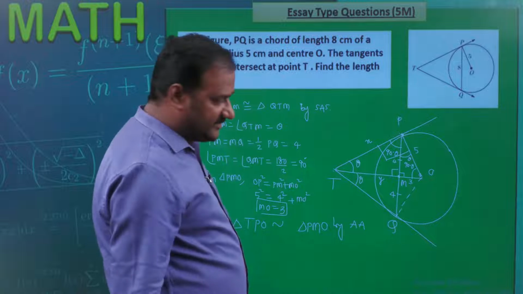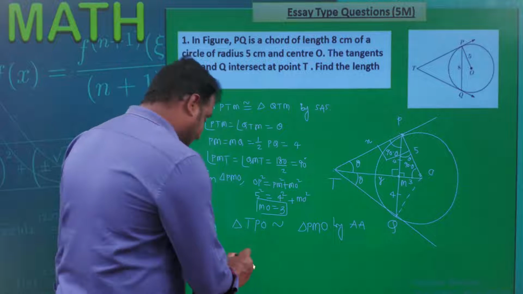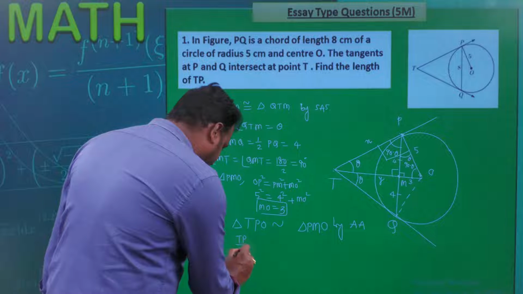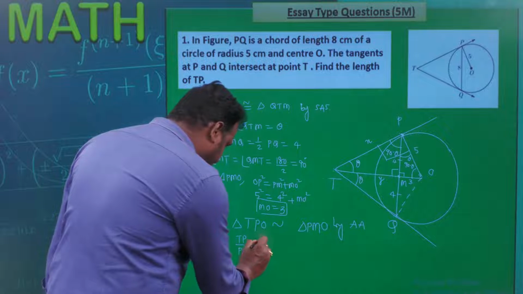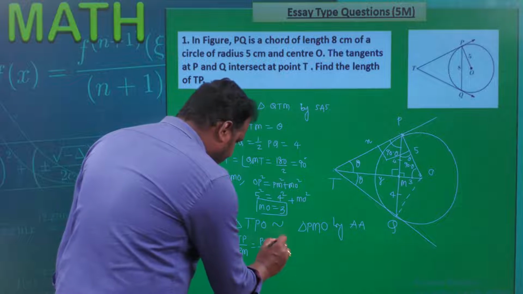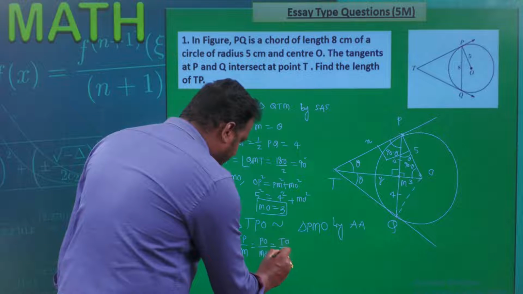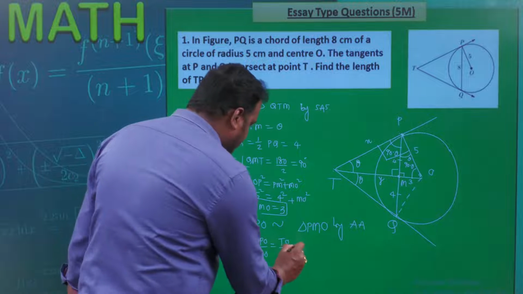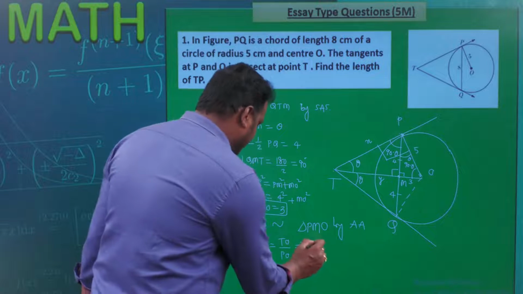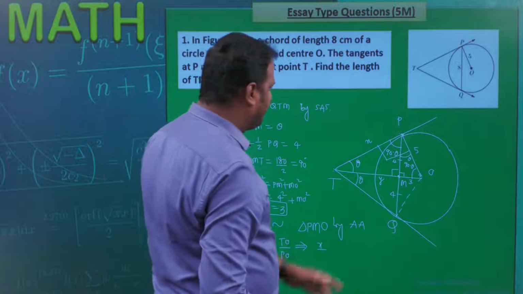Since the two triangles are similar, by CPST, TP divided by PM is equal to PO divided by MO is equal to TO divided by PO. Hope you understand. Now substitute the values. TP, what is TP? I do not know, that is X, divided by PM.